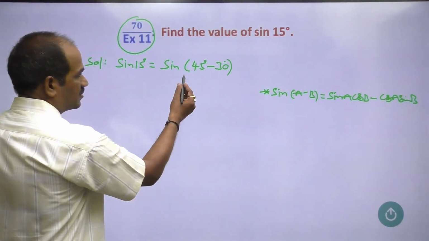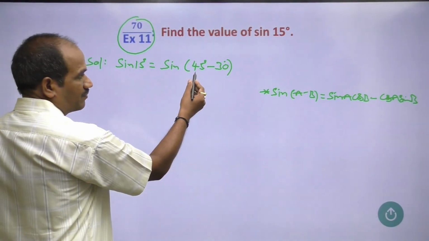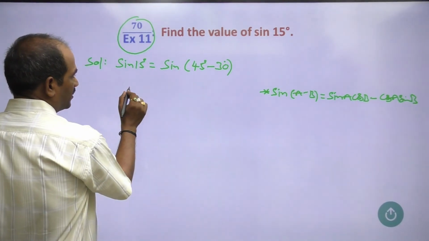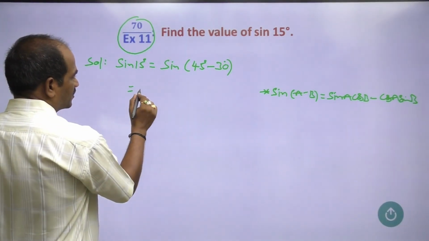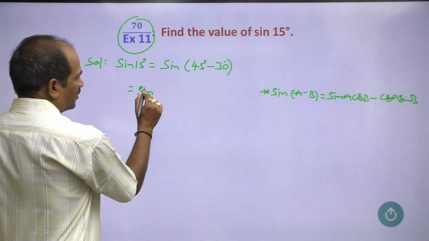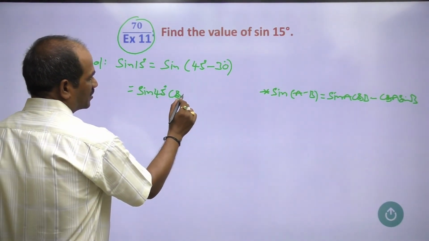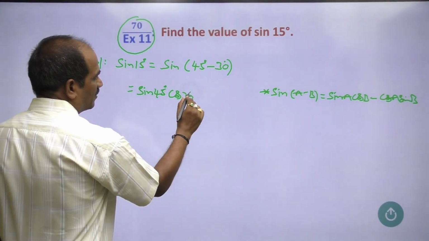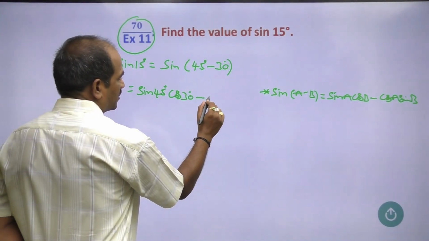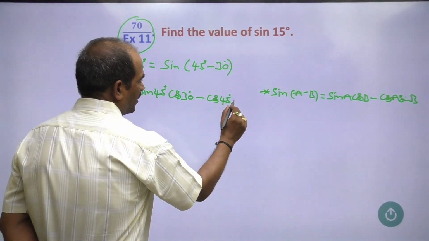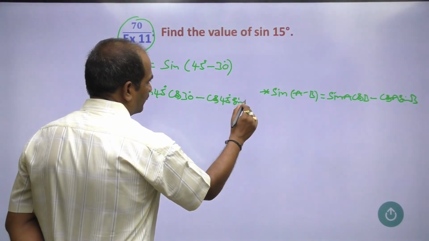Here a value is 45, b value is 30 degrees. Applying the formula, sin a is sine of 45 into cos of 30, minus cos a, cos of 45 into sine of 30 degrees.